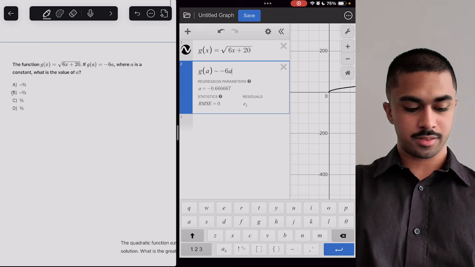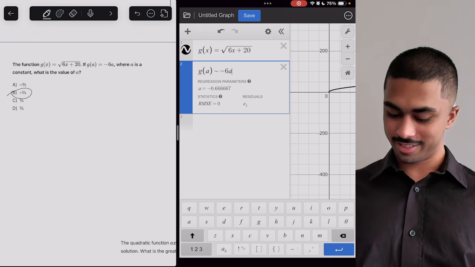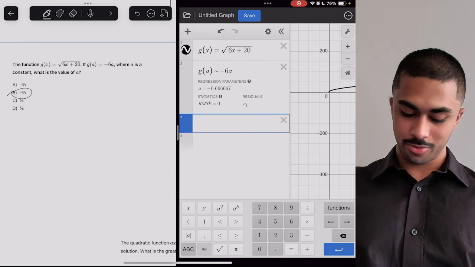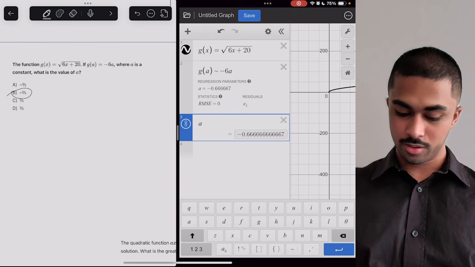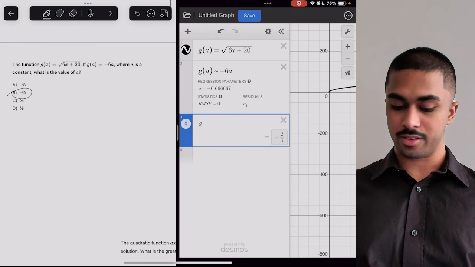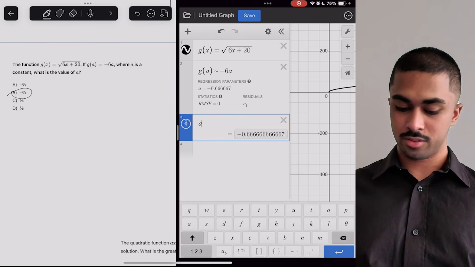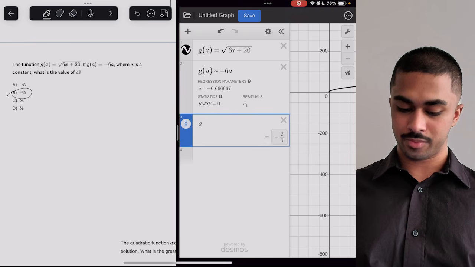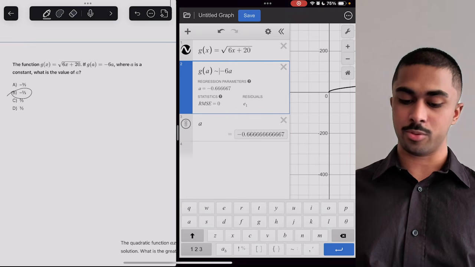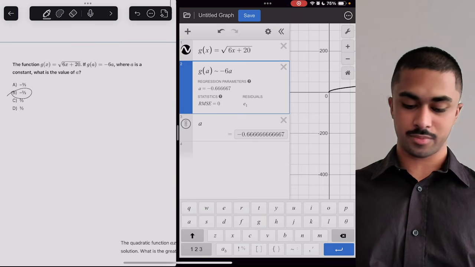And this, if you know your fractions, it's negative 2/3. But if you don't know your fractions, that's totally fine as well, because you can just type a and this fraction button. So type the variable, type the fraction button. We just replaced the equal sign for tilde. That's how we do this.